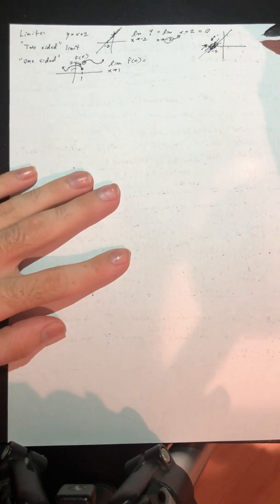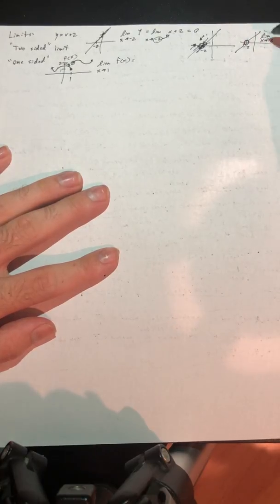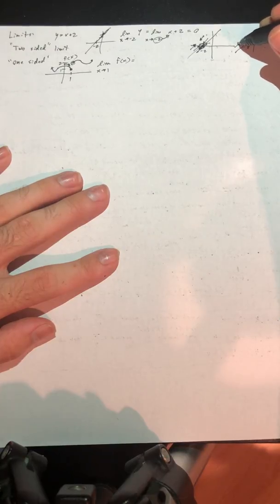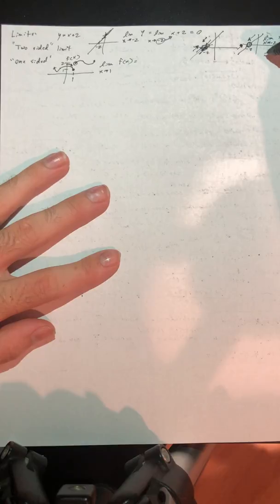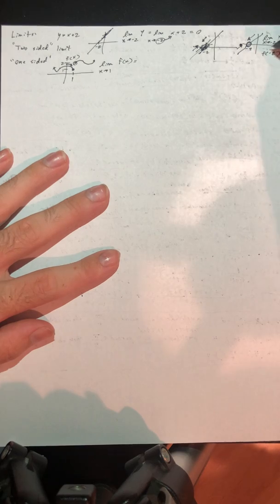For example, if I had drawn a removable discontinuity here at -2, the limit as x approaches -2 of x plus 2 is still 0. You get closer and closer to -2, you still get to 0, but at that point it's not defined, and that doesn't matter. We're not asking for f of -2. We're asking for the limit as x approaches -2 of f of x. They're two different things. A function does not need to be defined where you're taking the limit. It's a very important thing to know.